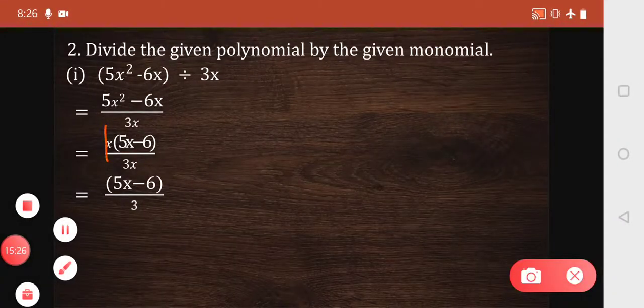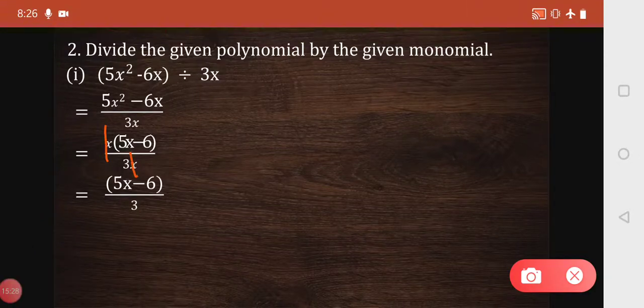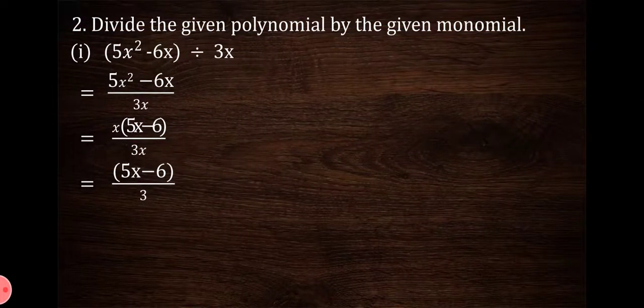Here x we can cut. So we will be left with 5x minus 6 upon 3. That is, further we will separate the numerical fraction and write the polynomial in the bracket. That is equal to 1 upon 3 into 5x minus 6.